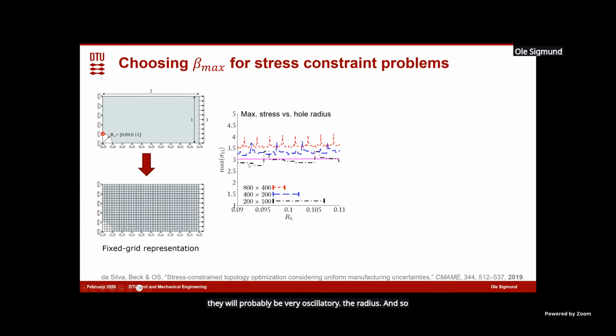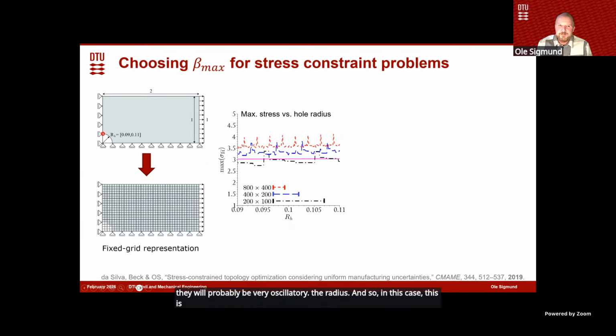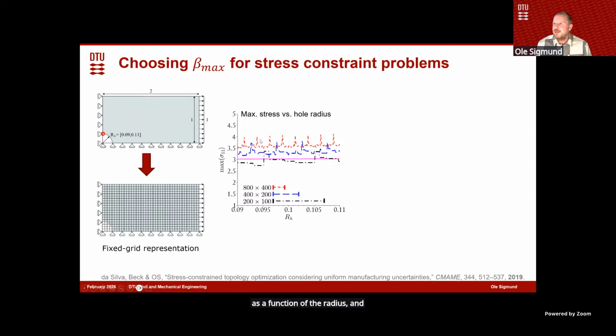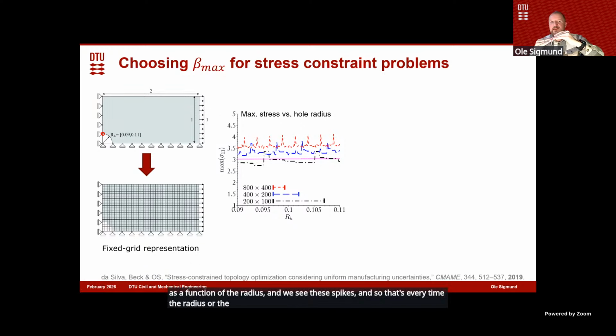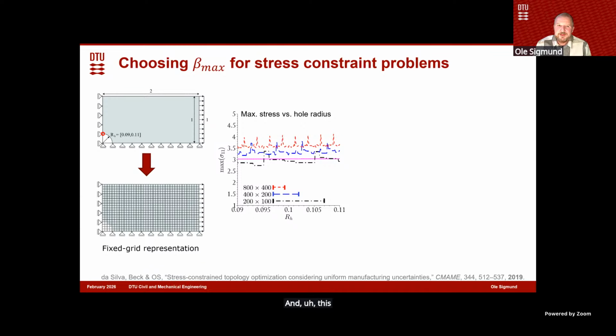And so in this case, this is the maximum stress at the point in the discretized or the fixed grid as a function of the radius, and we see these spikes. And so that's every time the radius or the circumference is passing one element boundary. And this would obviously give very bad finite element convergence.